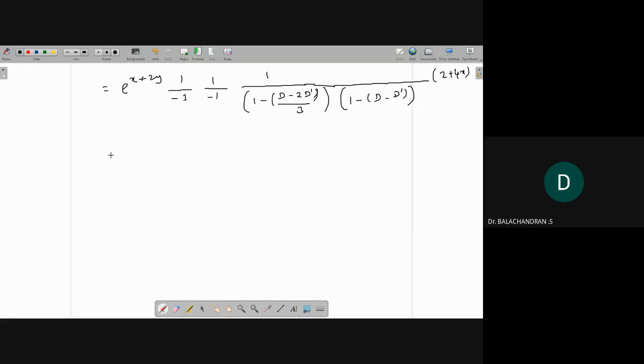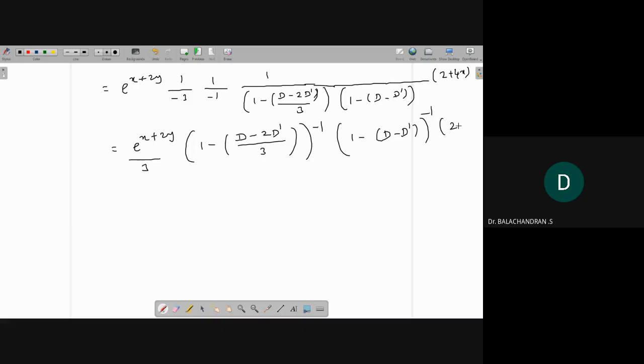So this is equal to e power x plus 2y by 3. I'll write in the numerator, 1 minus of D minus 2D dash by 3 whole power minus 1, and this one 1 minus D, so 1 minus of D minus D dash whole power minus 1, into 2 plus 4x. Okay.